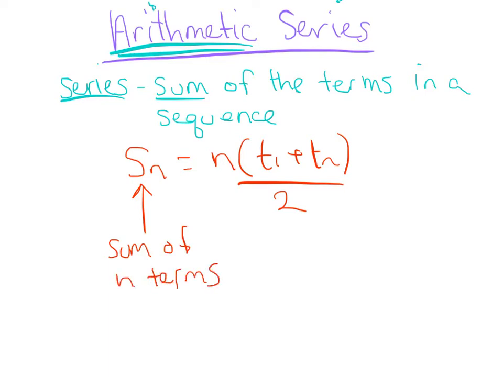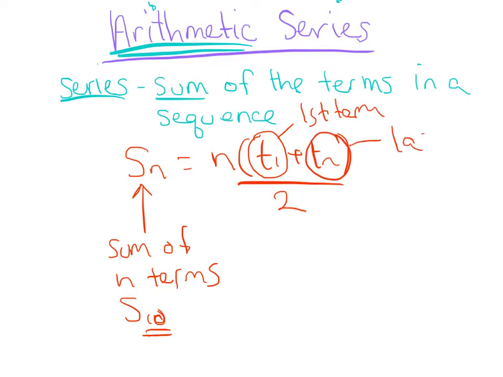For example, if I wanted the sum of the first 10 terms, that's 10, that would be the notation for it. And if I wanted the sum of the first 10 terms of some arithmetic sequence, then 10 would be n. I would also have to know my first term and my last term.